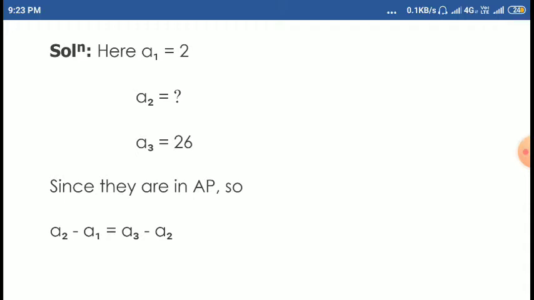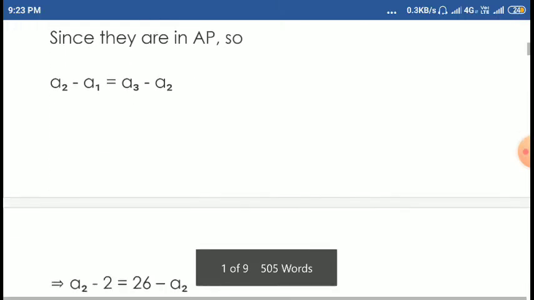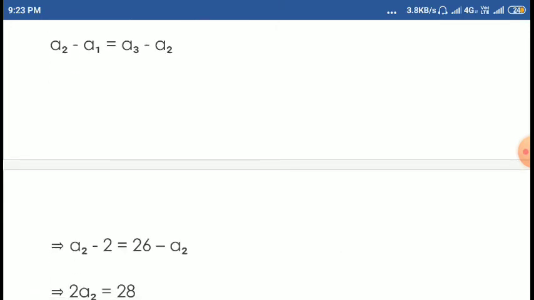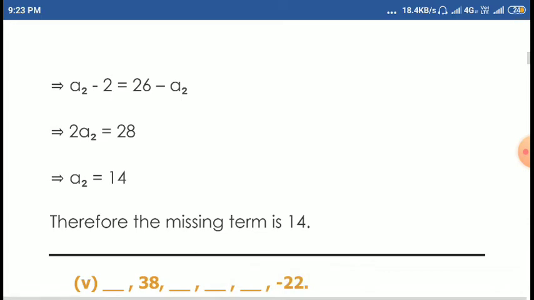Since the three terms are in AP, we can write A2 minus A1 is equal to A3 minus A2, that is the common difference. Substituting the values of A1 and A3, we get the equation A2 minus 2 equals 26 minus A2.